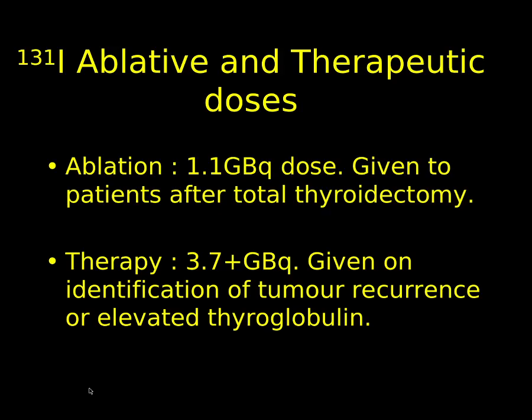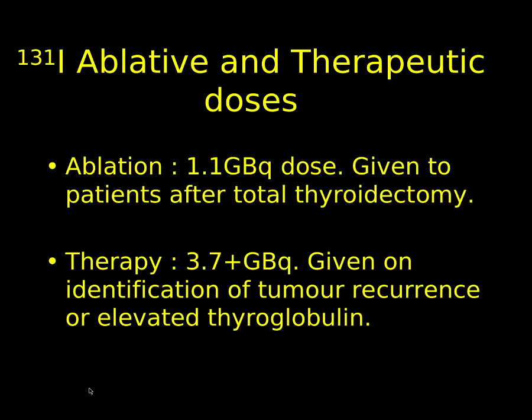In addition, we're hoping that our ablative dose will treat any micrometastases the patient may have. Finally, of course, it's a very useful diagnostic test, and we might be surprised to see metastatic disease that we didn't know was present.